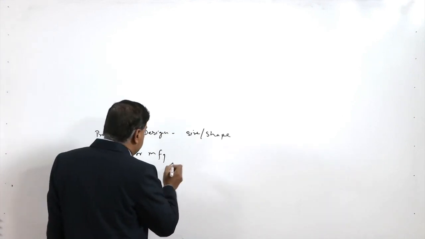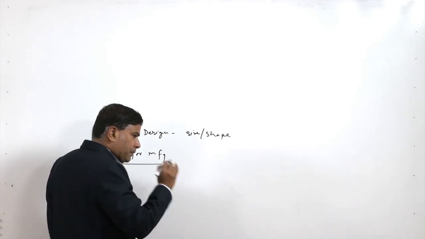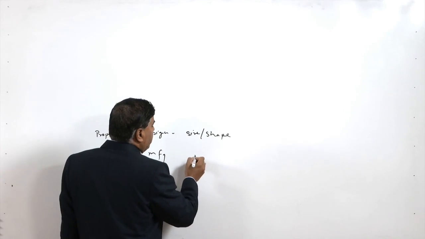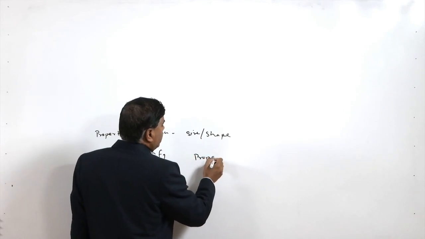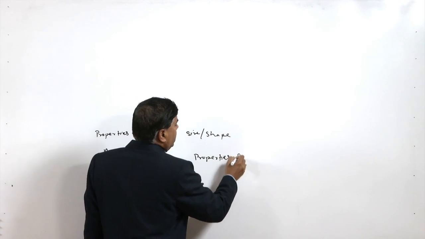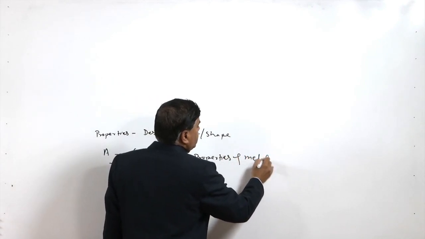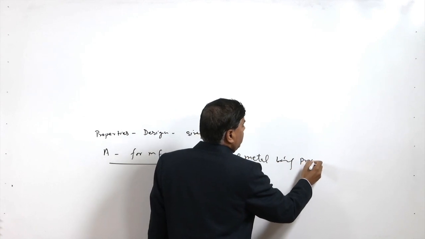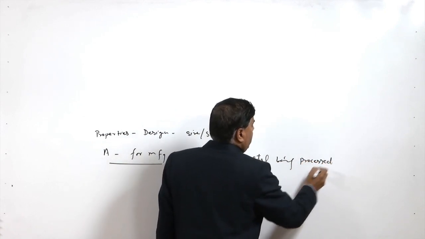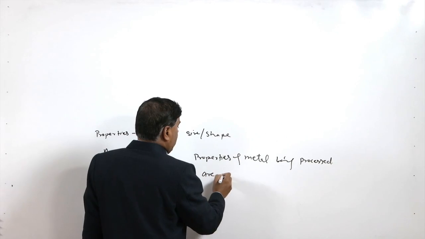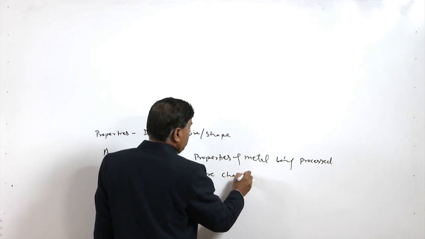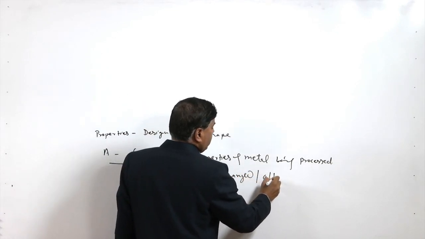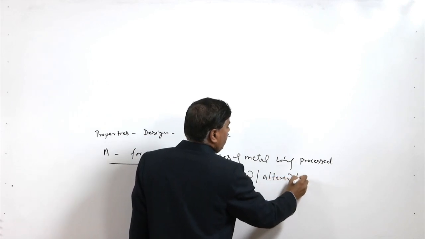So, we need to consider that the properties of the metal being processed are changed, altered or modified.